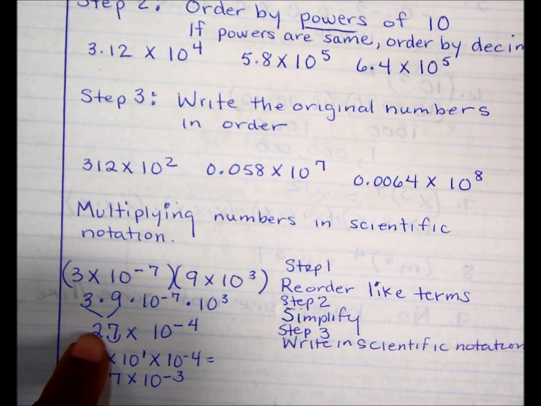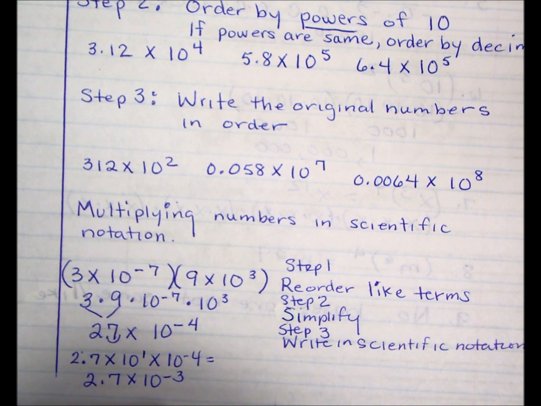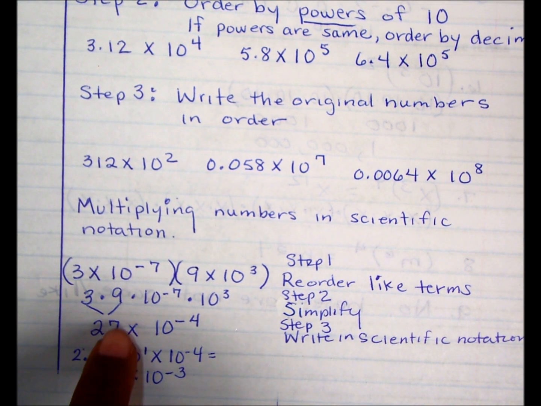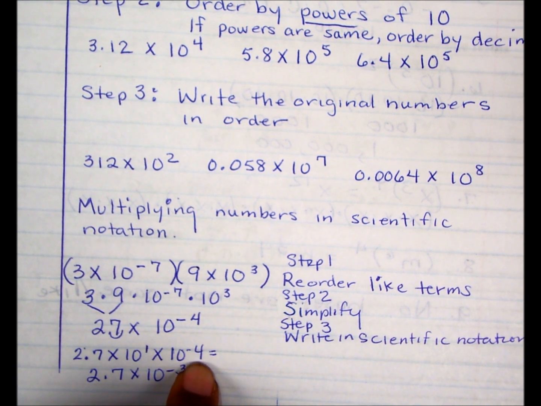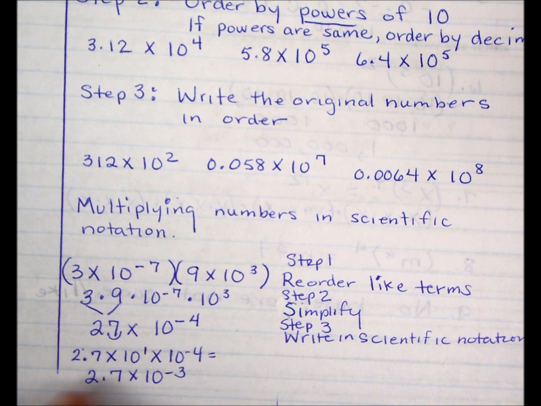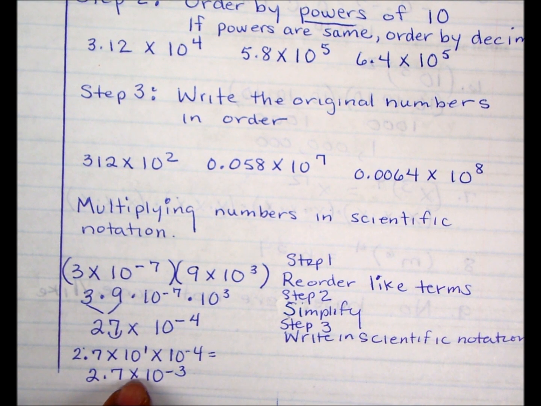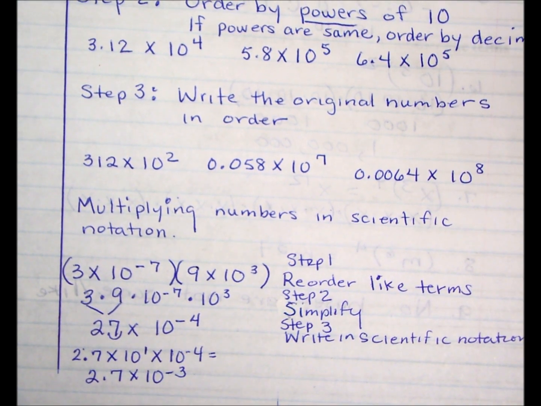And so it's 2.7 times 10 to the first power, because we had to move it one time, times 10 to the negative fourth power. Similar to what we did when we were doing the ordering. So that ends up to be 2.7 times 10 to the negative third power.